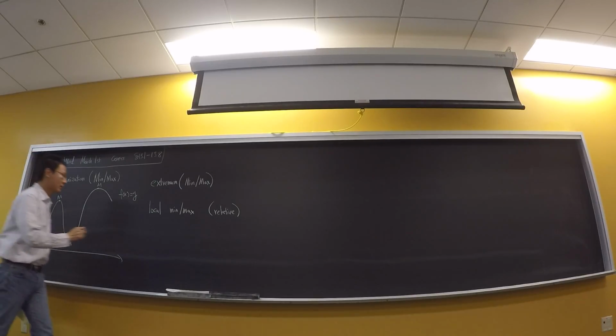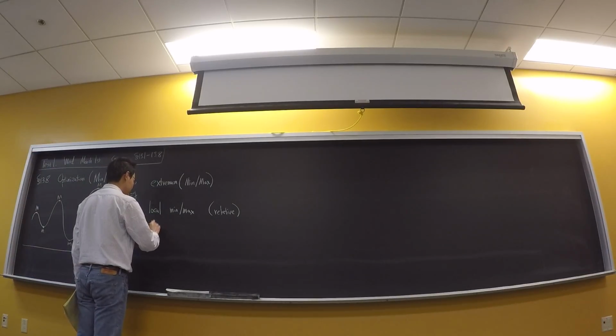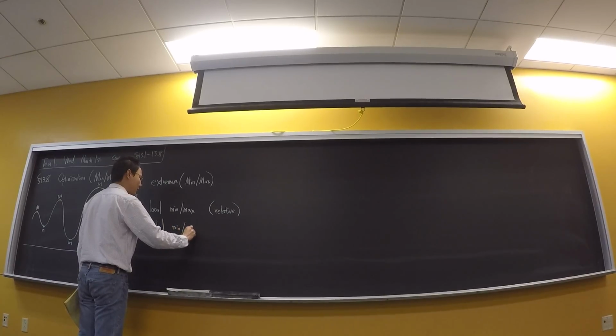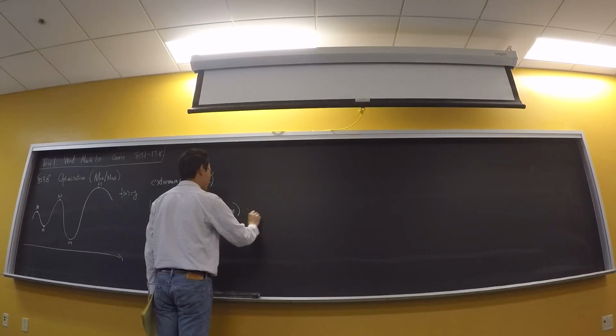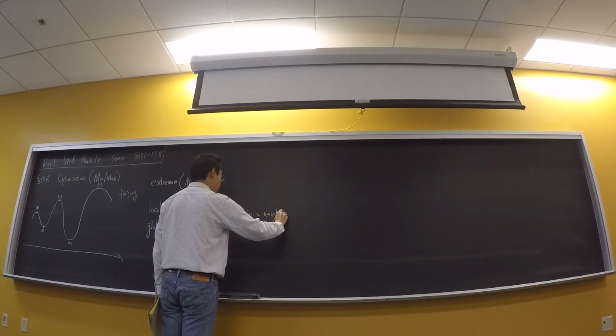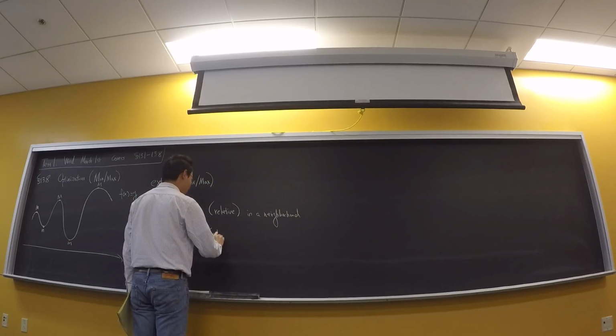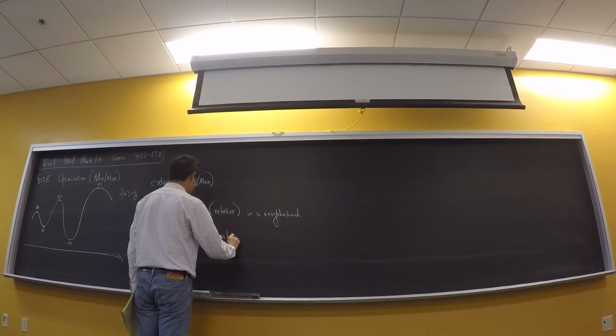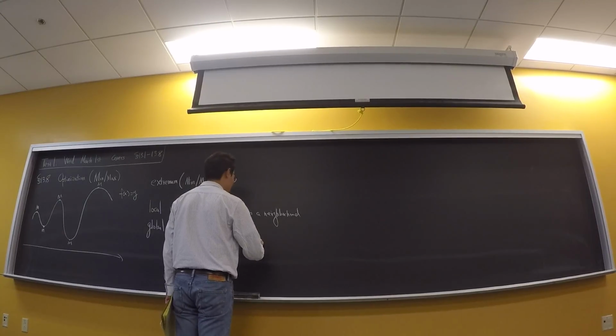And naturally, we also have a definition of global minimum or maximum. So this is basically in the neighborhood. So this is also called an absolute maximum. This is in the whole domain.